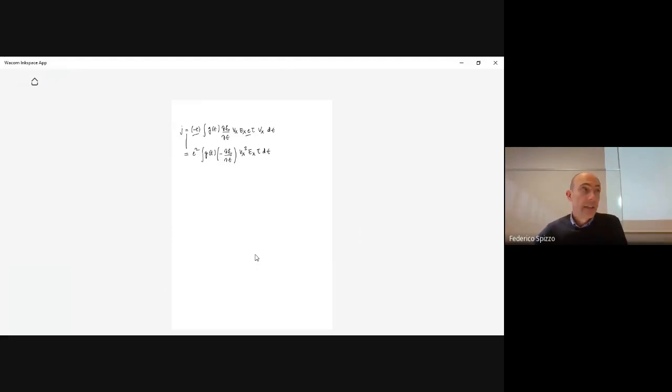As I want to perform the integral as a function of the energy, I should express Vx as a function of E. So the connection between energy and components of a velocity is this one here.